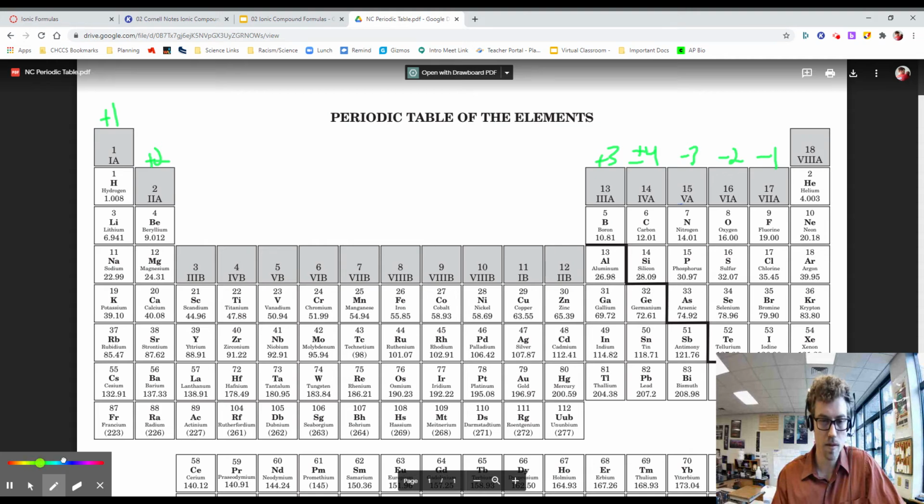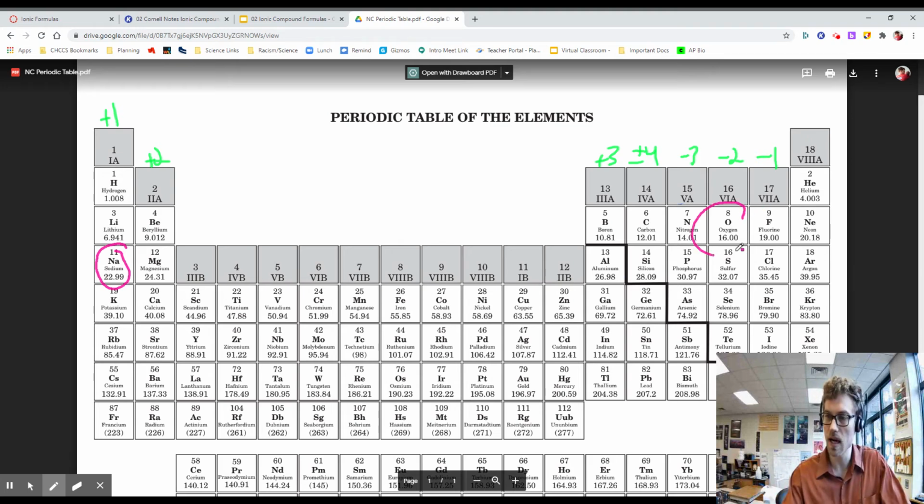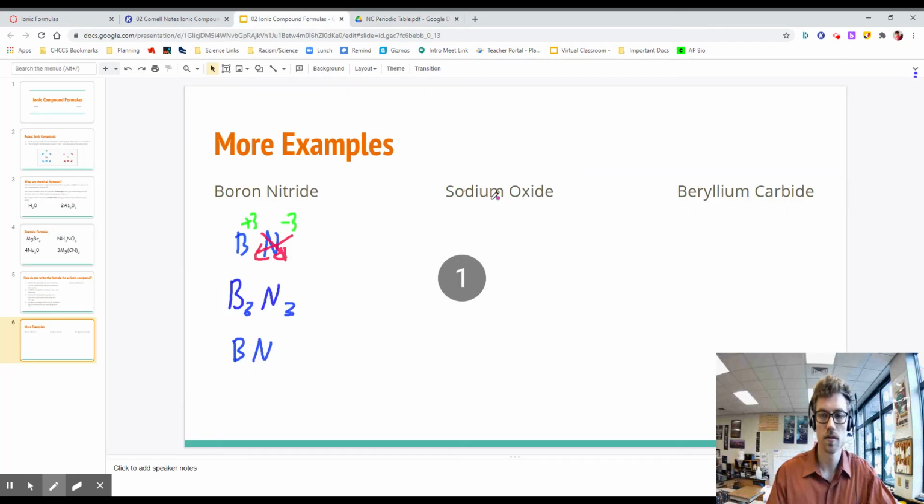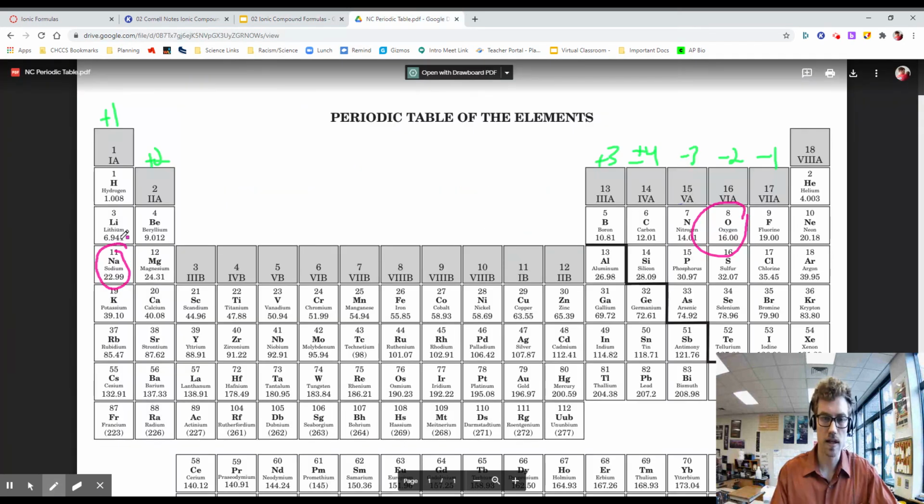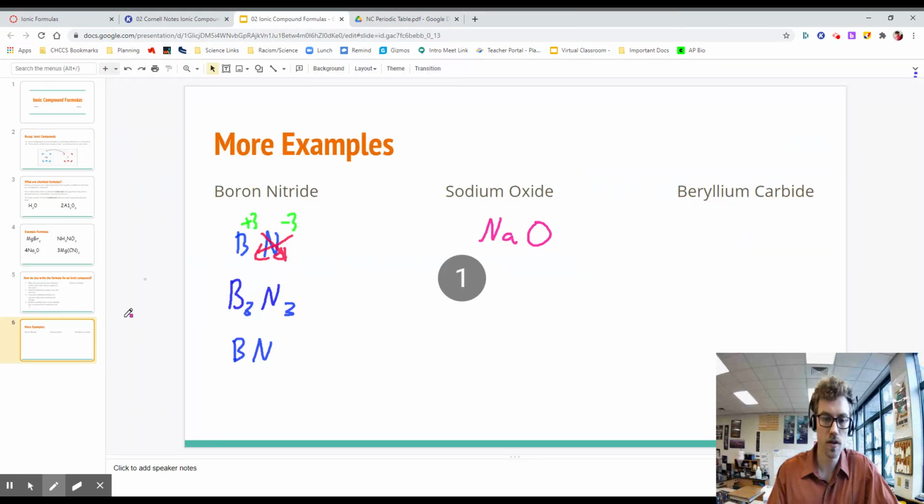Let's erase this. Okay, sodium oxide. So where's sodium on the periodic table? Sodium's over here on the left. And then oxide, that is going to be oxygen. So over here on the right. So we have Na and O. All right, let's look on the periodic table. Oxidation number for sodium, +1. Oxidation number for oxygen, -2.